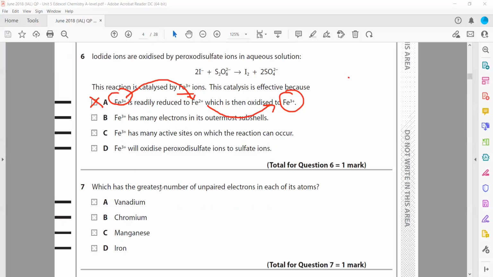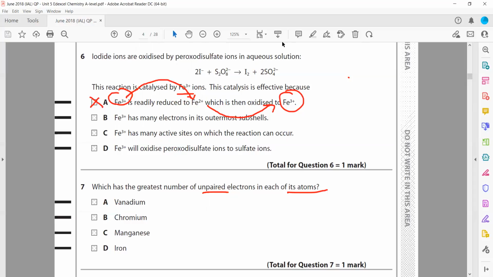Then, which of these has the greatest number of unpaired electrons on its atom? So we have to write the oxidation number. Vanadium, chromium, manganese, and iron. We have to write the electronic configuration for each to identify the number of unpaired electrons.